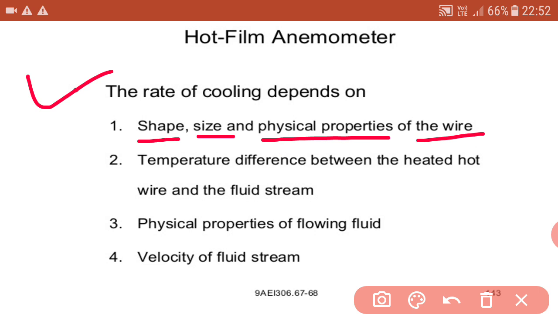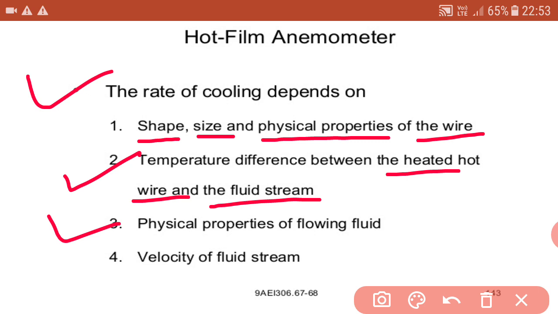Then another one is the temperature difference between the heated hot wire and the fluid stream, and the physical properties of the flowing fluid.